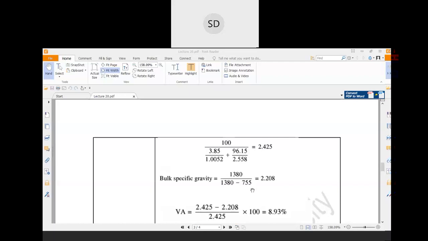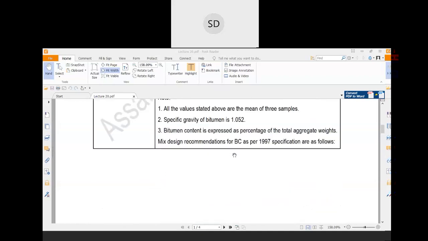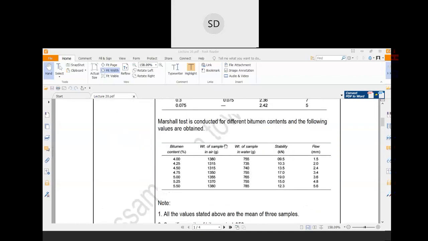Now, the next task is to find the bulk specific gravity of the mix. The theoretical maximum specific gravity you have calculated. Now, how is this bulk specific gravity calculated? For each and every fraction, another table is given. In that table, the weight of the sample in air and the weight of the sample in water are given. So your bulk specific gravity of the mix would be the weight of the sample in air divided by the weight of the sample in air minus the weight of the sample in water.